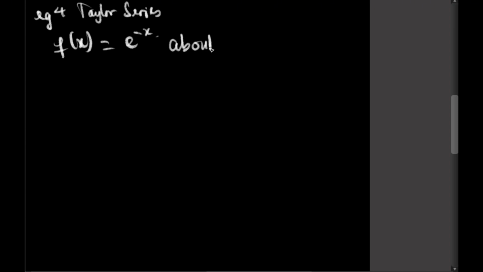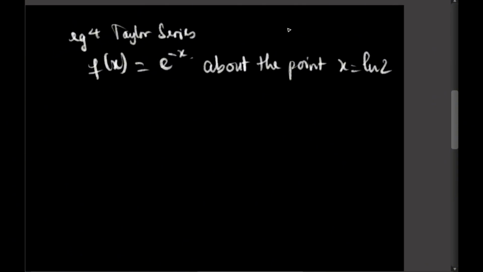Example number 4. Now we're going to find the Taylor series for the function f(x), I'm just going to write Taylor series here real quick so that we know what we're dealing with, equal to e to the power of minus x, about the point x equal to the natural log of 2.